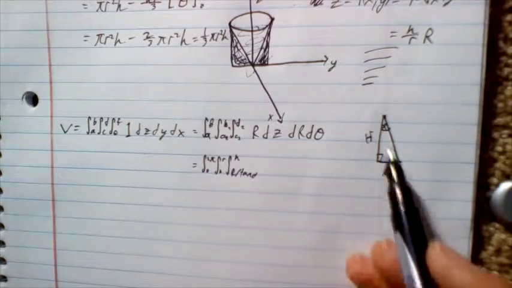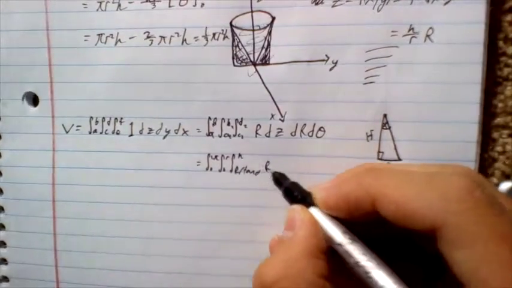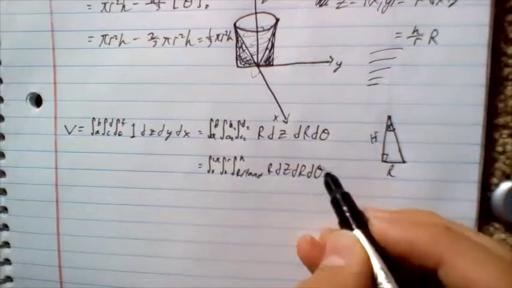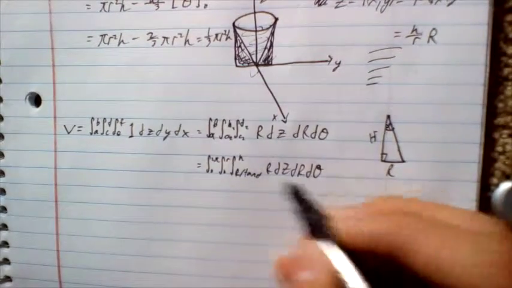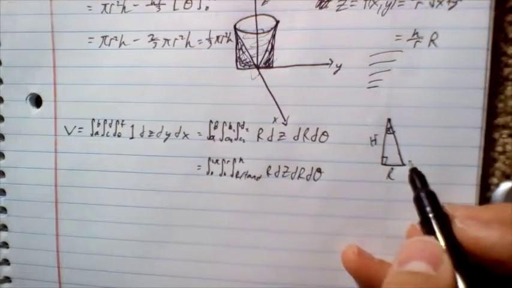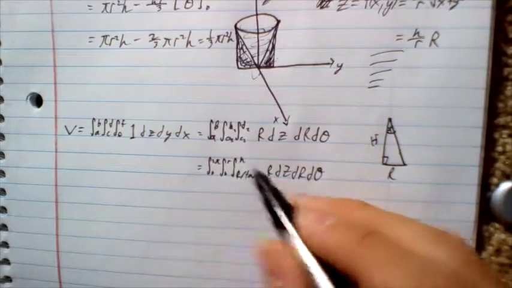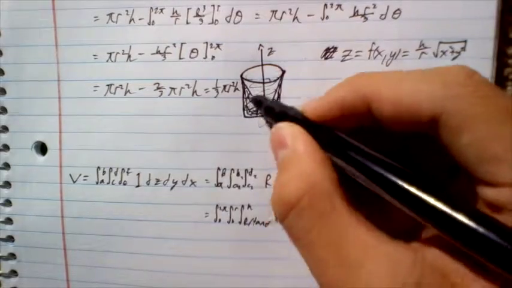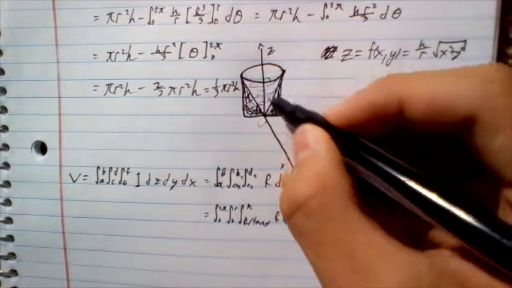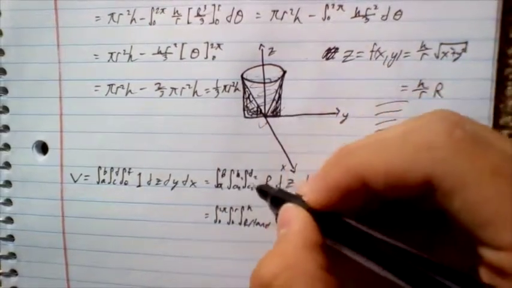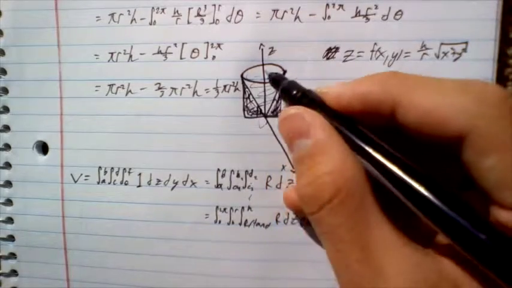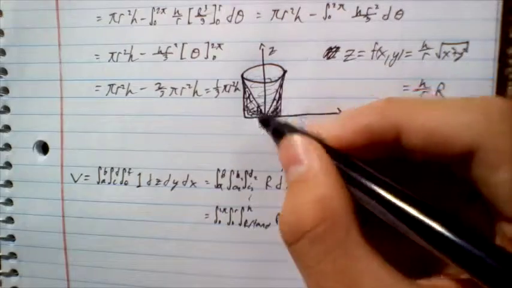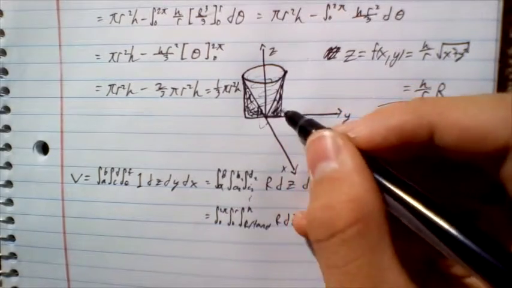Therefore, this is going to be just the integral of cap R dz d cap R d theta. And the reason it's from cap R over tan alpha is that cap R on tan alpha is going to be equal to cap H. And so we're integrating from cap H all the way to our proper h, and then we're integrating that from 0 to r, and then we're spinning that around to create infinite circles.